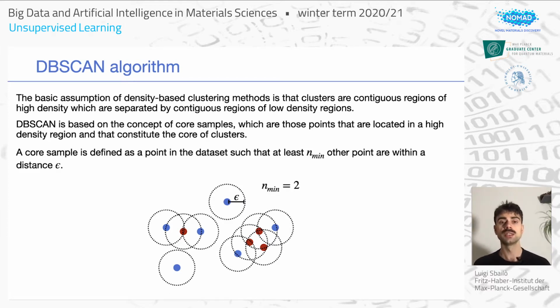So we can see in the right cluster that we have three core points that are interconnected neighbors, plus two other neighbor particles which are not core points but still belong to the cluster.